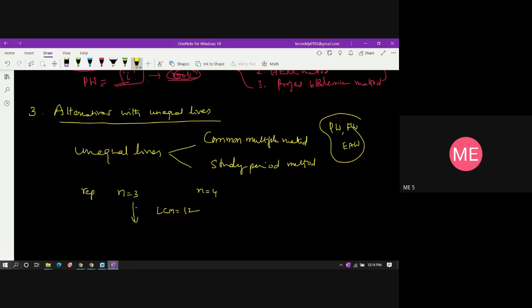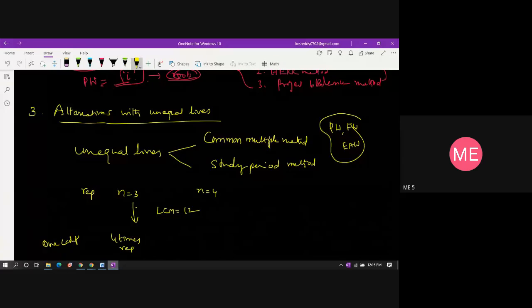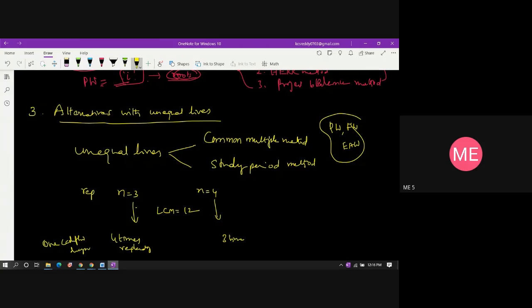So this one cash flow diagram has to be repeated 4 times, whereas the other one you are replicating 3 times. So we are replicating the same cash flow diagram many times. That's why it is called the common multiple method.